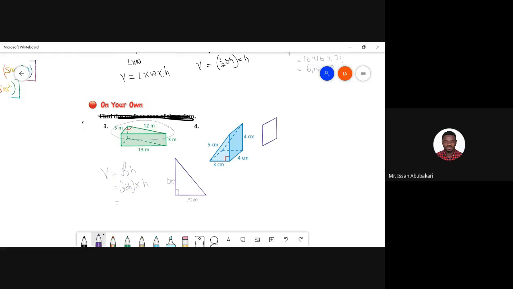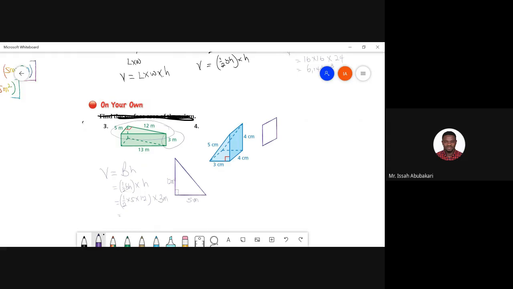So this is what's going to be calculated as the base area. Then we are going to have half base, the base is 5, times the height, which is what? 12 meters. So this will be the base area. Then we multiply this by the height of the prism, which is 3 meters.